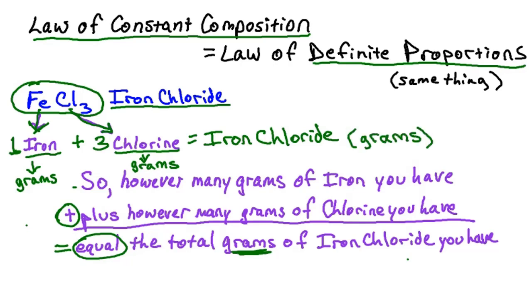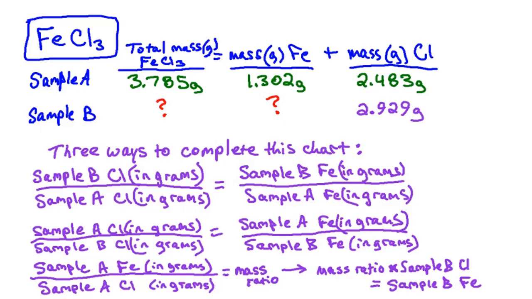So let's look at how we can apply this information and look further into the law of constant composition, because it gets more interesting than that. Now here is a chart, and this may look familiar, it may look like something on your homework.